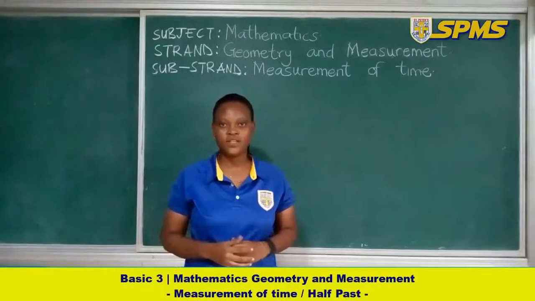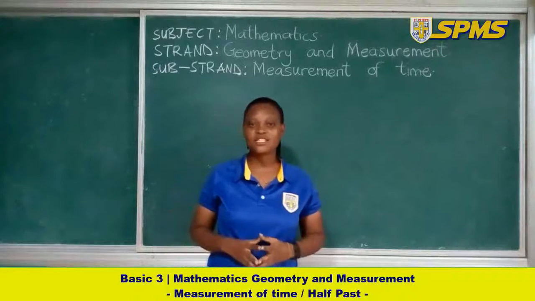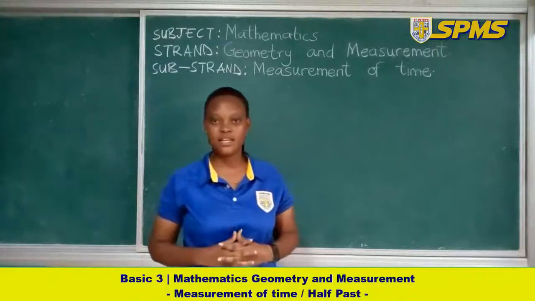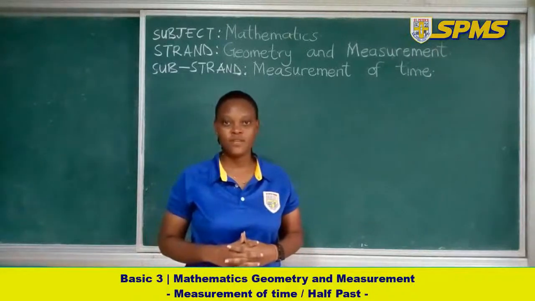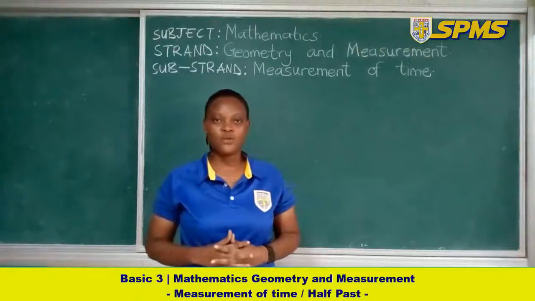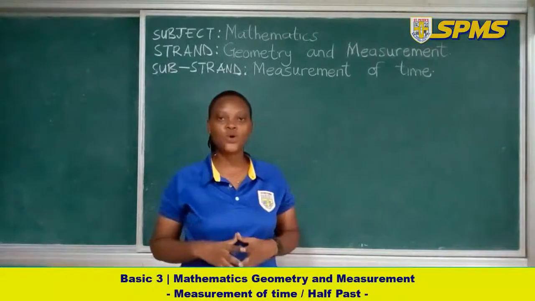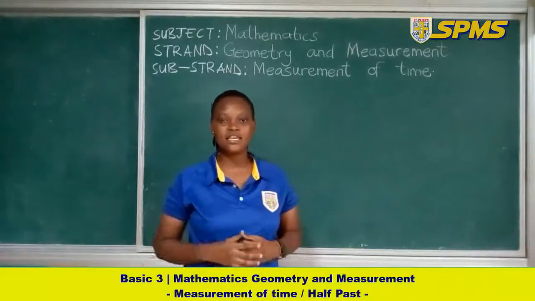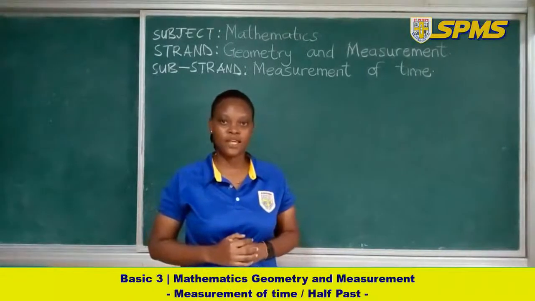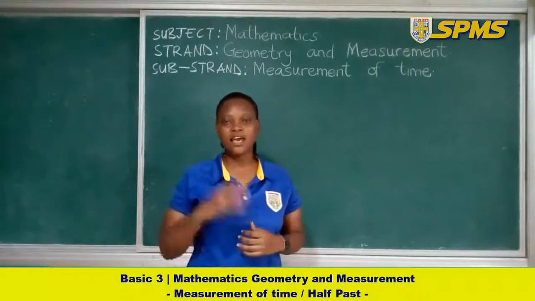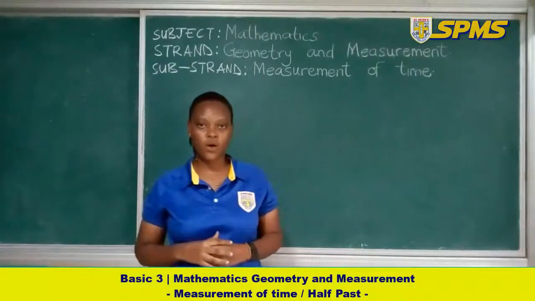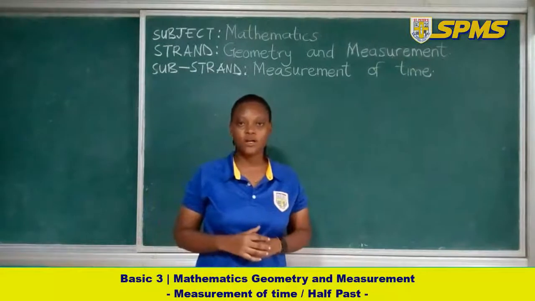Very good. Children, in our previous lesson, what did we learn? Right, we talked about measurement of time. We got to know the units in telling time. And these units are the hands on the clock, the analog clock.